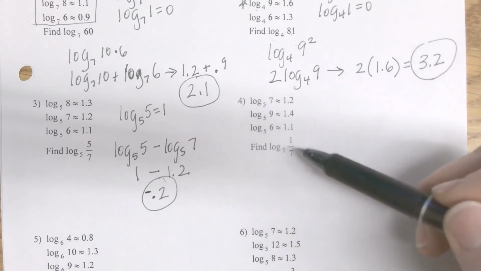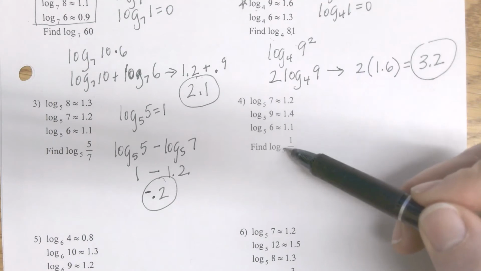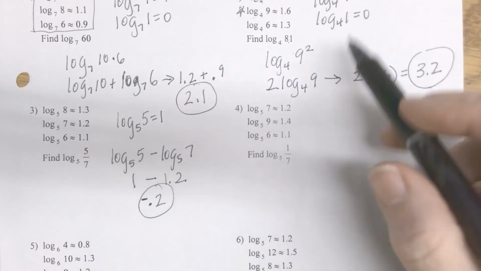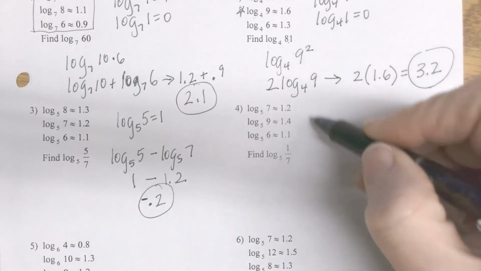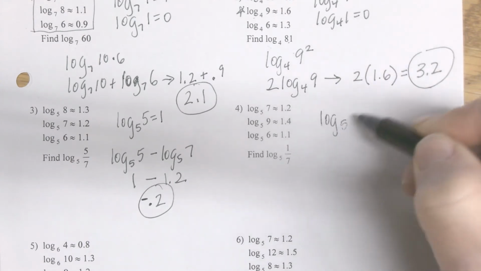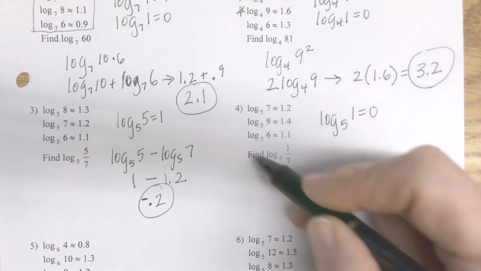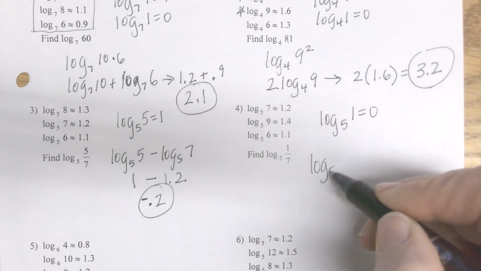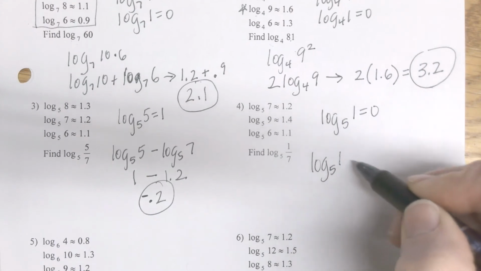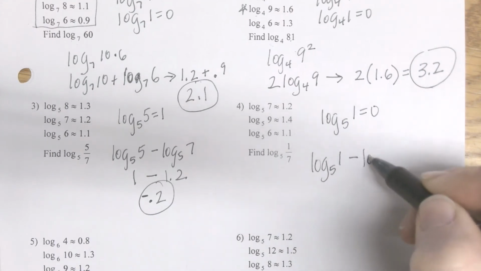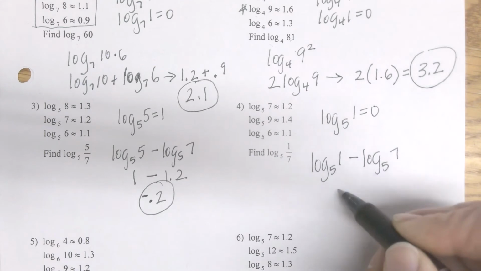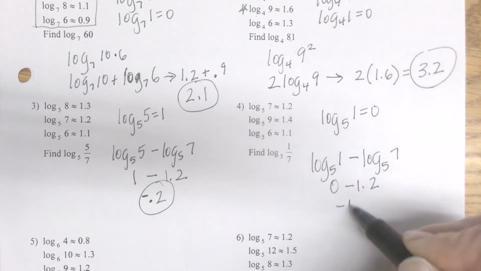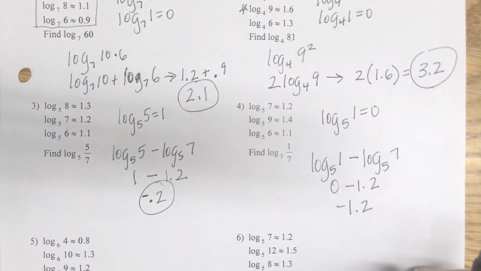Likewise, in the next one, I don't have a log base 5 of 1. But remember, that's another one that we can add, one that will show up. I could write this as log base 5 of 1 is 0. So when I break this next one down, it's the log base 5 of 1, because it's division, minus the log base 5 of 7, and I would have 0 minus 1.2, and my final answer would be negative 1.2 on that one.